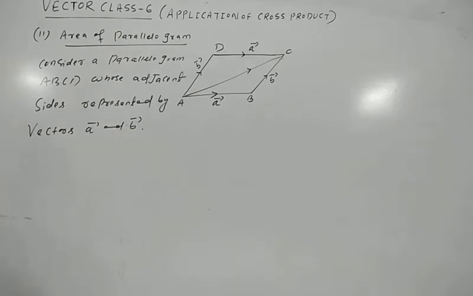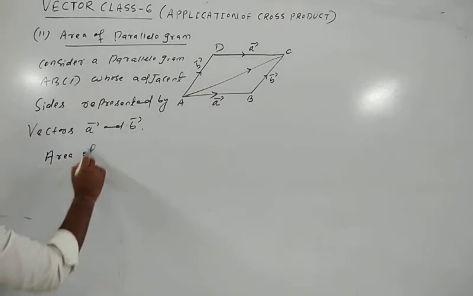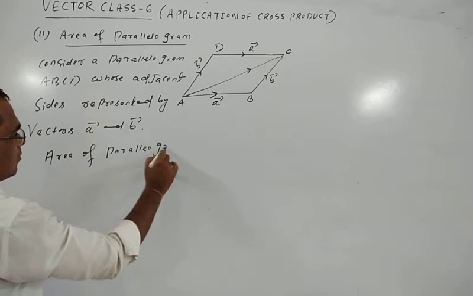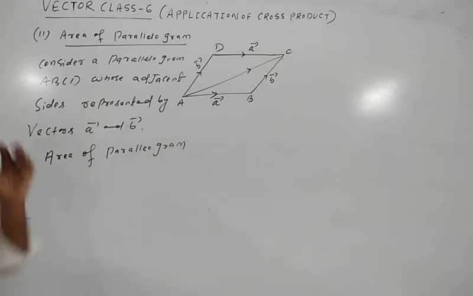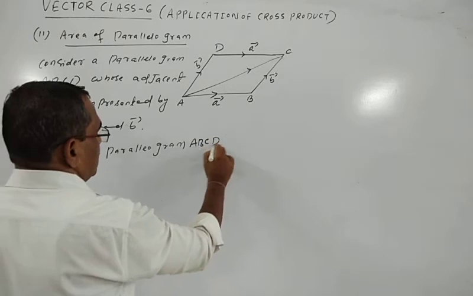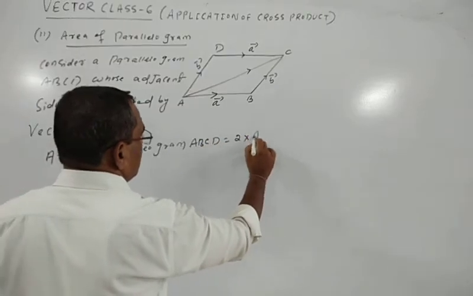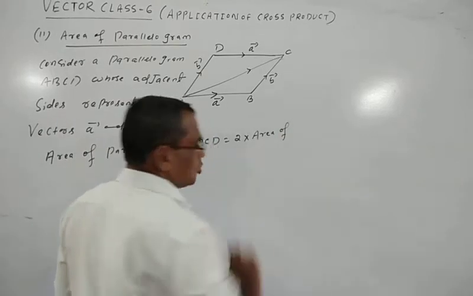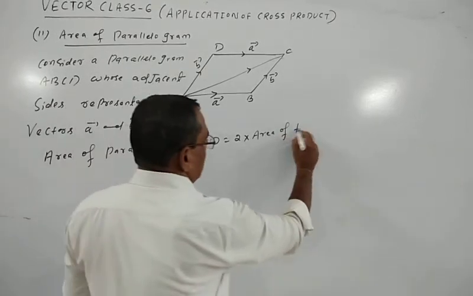That's why the area of a parallelogram ABCD is equal to 2 into the area of a triangle ABC.